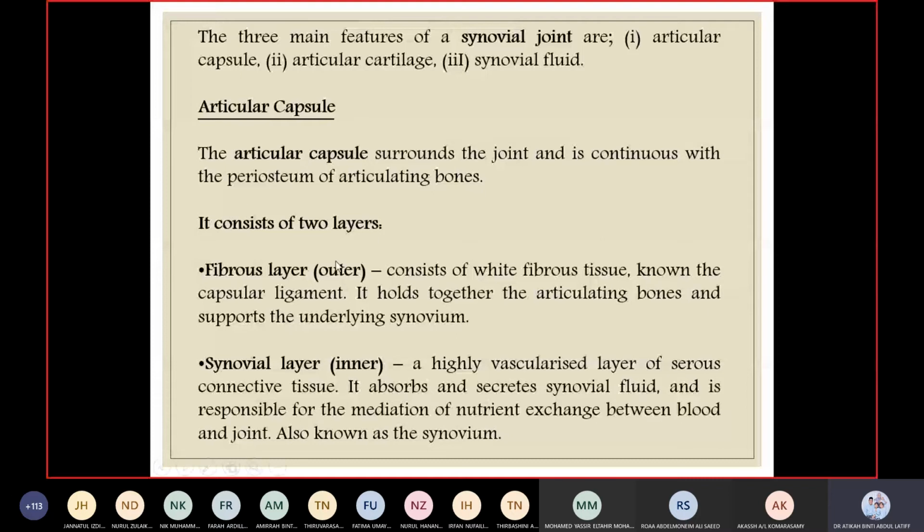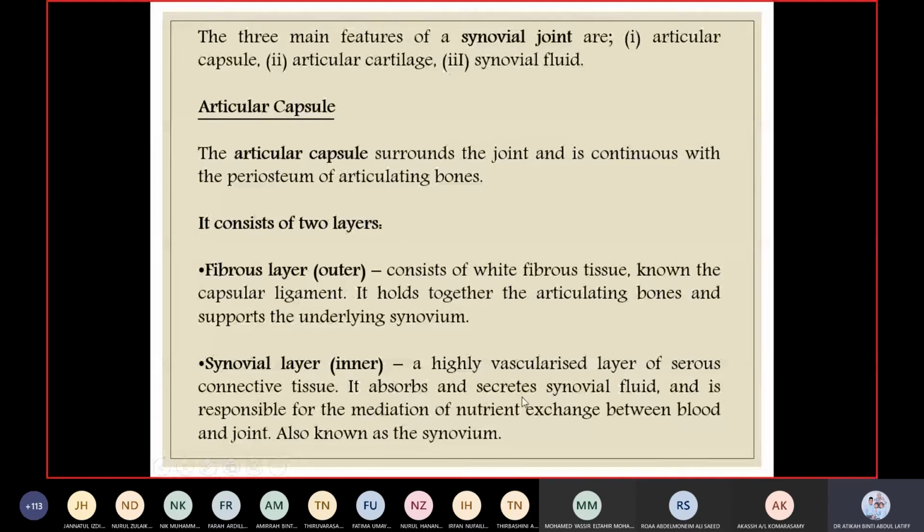Okay, so it consists of two layers, the outer fibrous layer and the inner synovial layer. Okay, so the outer fibrous layer consists of white fibrous tissue known as the capsular ligament. It holds together the articulating bones and supports the underlying synovium. The synovial layer is a highly vascularized layer.